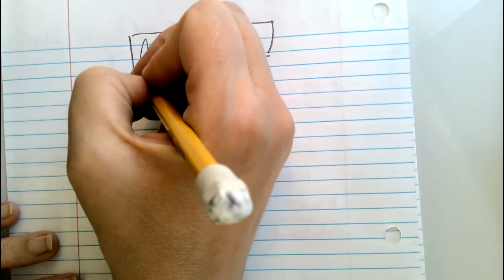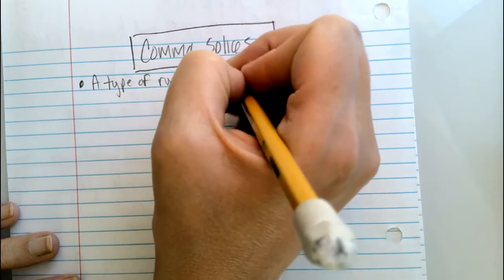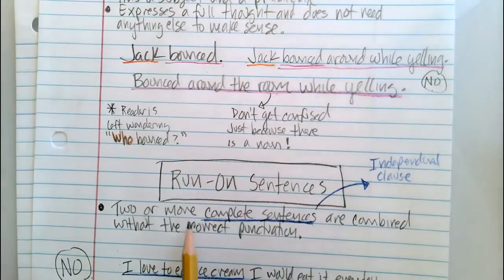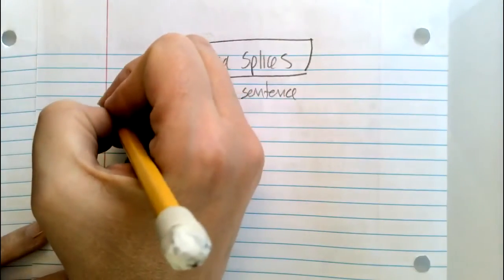Well, what is a comma splice? It is a type of run-on, sorry. And it is the same exact thing here. So it is 2 or more complete sentences combined without the correct punctuation. Sorry, I was pointing to the wrong thing. So we're going to write the same thing.